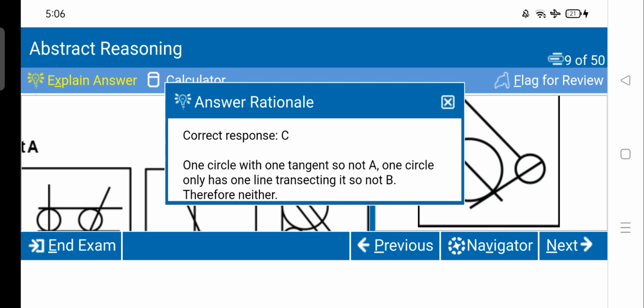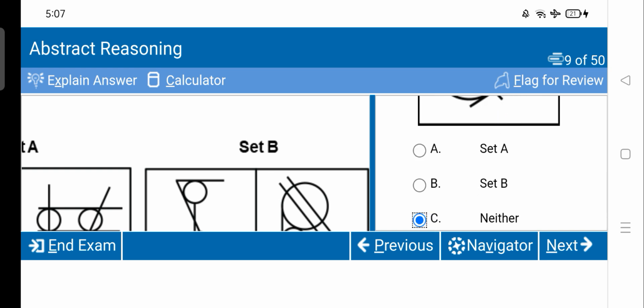One circle with one tangent, so not A. One circle only has one line transecting it, so not B. Therefore, neither. So that's how we have the correct option, option C, that is neither.